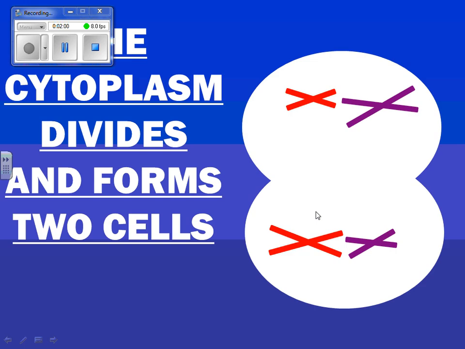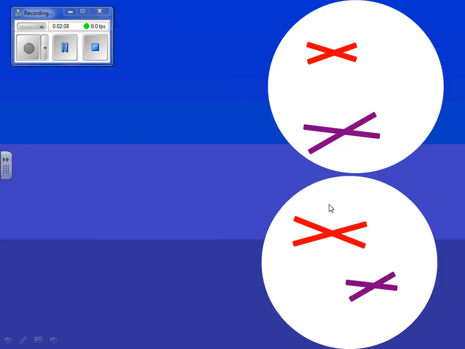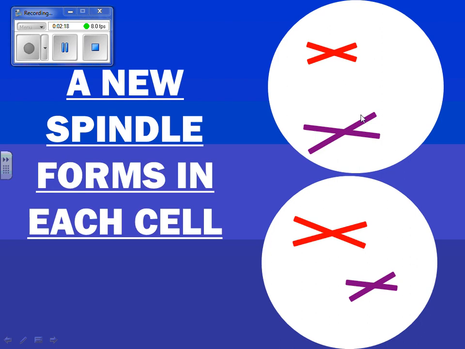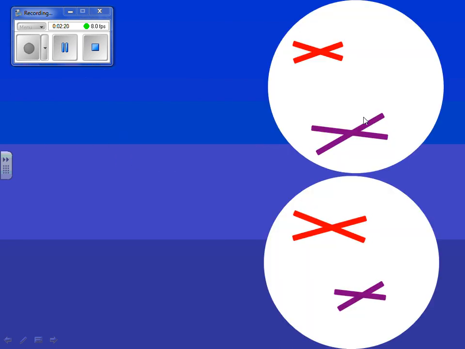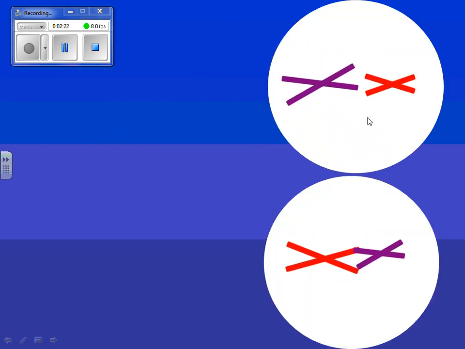But going back to this picture, we have not reduced our chromosome number by half, so we still have to do that. So in prophase 2, similar things happen. Centrioles and the spindle fibers reform, so we're getting ready to divide. In metaphase 2, the individual chromosomes line up in the middle.